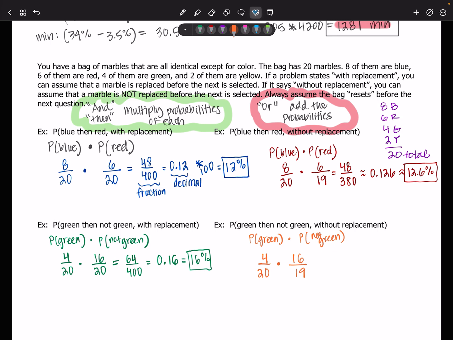So 16 out of 19. We're going to multiply straight across. 4 times 16 is 64, and 20 times 19 is 380. When I actually do that division, I get approximately 0.168. And when I multiply that by 100, I get about 16.8%.